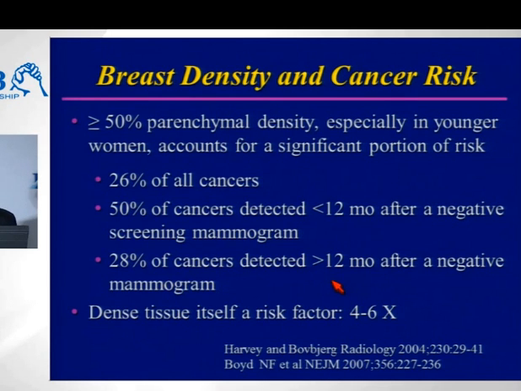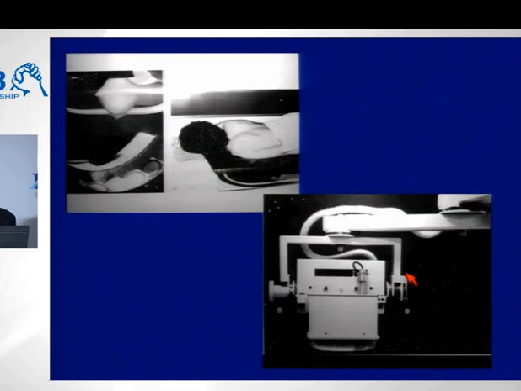But as Dr. Tabar also mentioned, not only is dense breast tissue an issue because it masks cancers and makes it harder for us to see them, dense tissue is an independent risk factor to the order of 4 to 6 times. And we have heard many lectures at this RSNA about breast density and its significance.